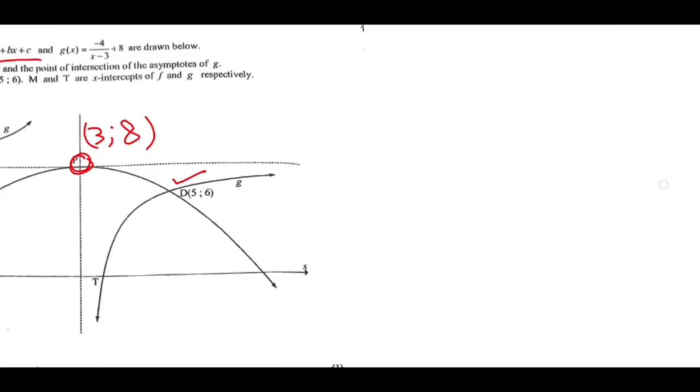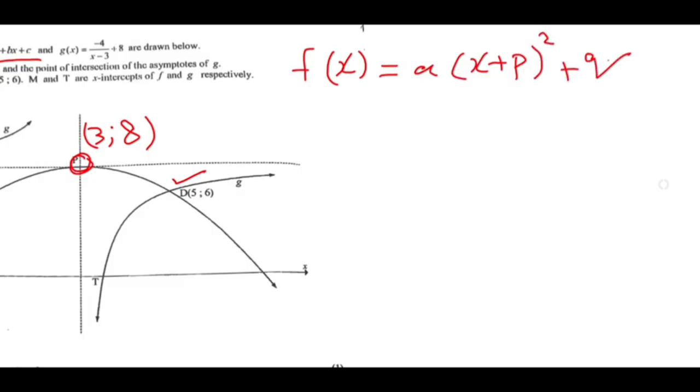So the equation of the parabola in turning point form is f of x is equal to a times x plus p squared plus q. Some schools write a negative, the same thing.